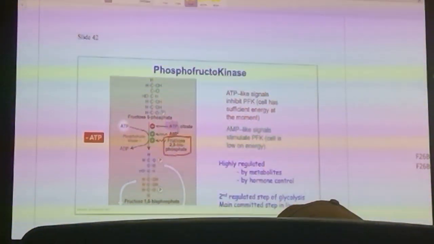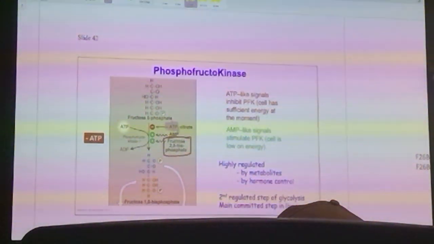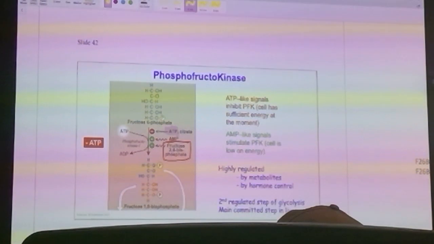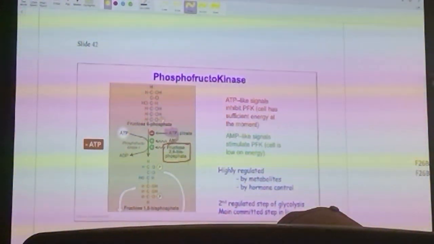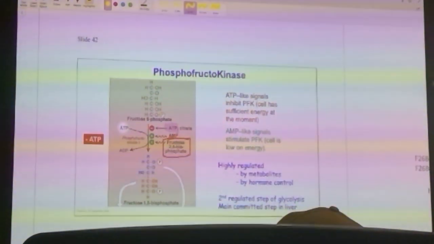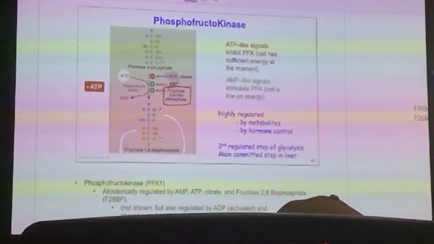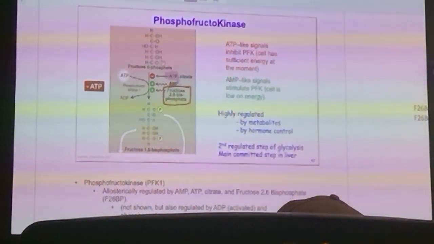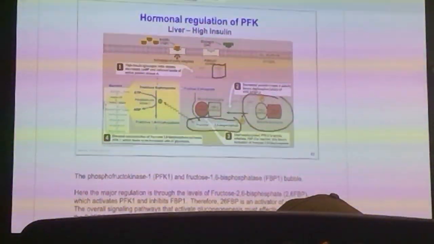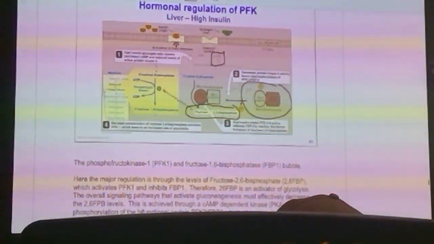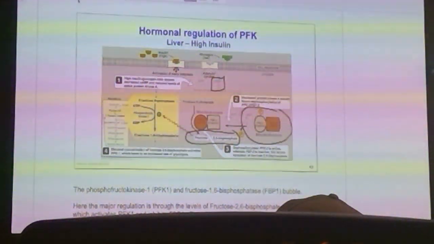Be careful, make sure you read the enzyme. If it says fructose 2,6 bisphosphate, it promotes glycolysis. But if it's fructose 2,6 bisphosphatase, it inhibits glycolysis. So make sure you take your time with the enzyme. And the fructose 2,6 bisphosphatase inactivates fructose 2,6 bisphosphate.